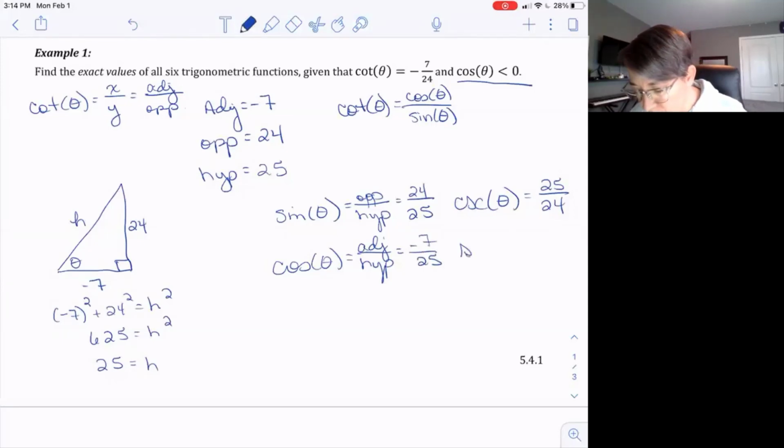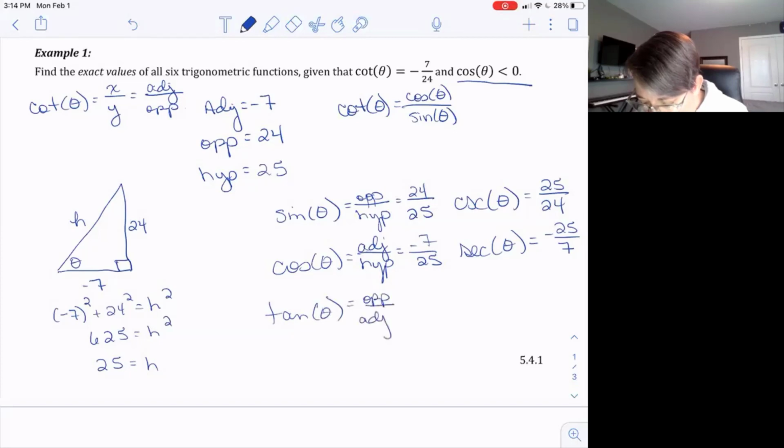Its reciprocal function, secant of theta, then would be negative 25 over 7. And then tangent of theta is opposite over adjacent, which is 24 over negative 7, which does in fact coincide with its reciprocal function, cotangent, that was already given as negative 7 over 24.